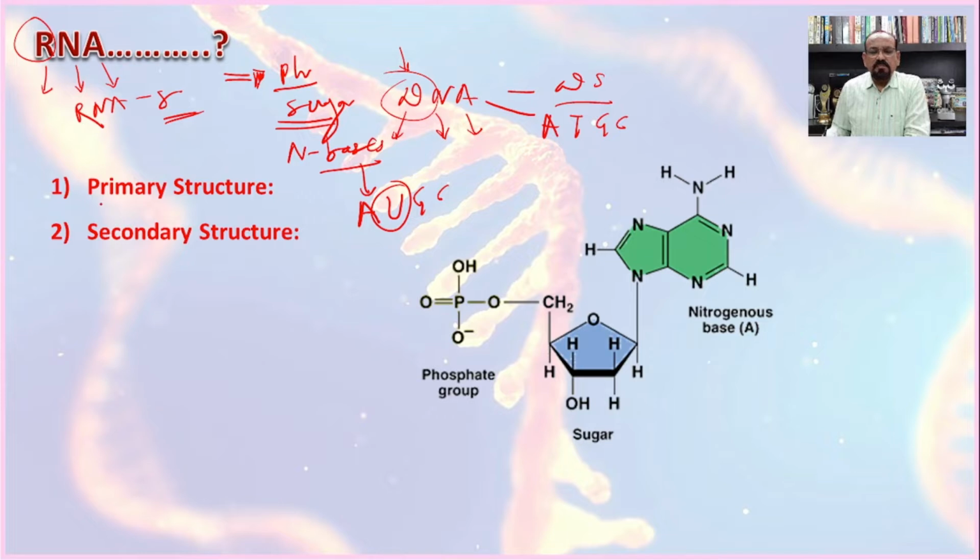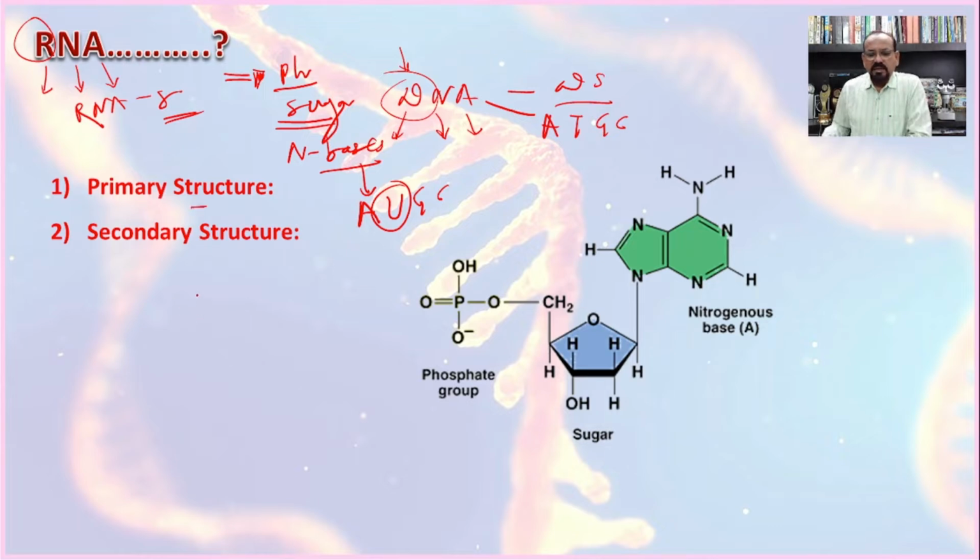So if you see the primary structure of the RNA, it is just a single strand made up of the phosphate, sugar and nitrogen bases.